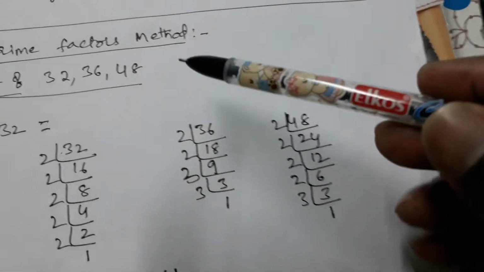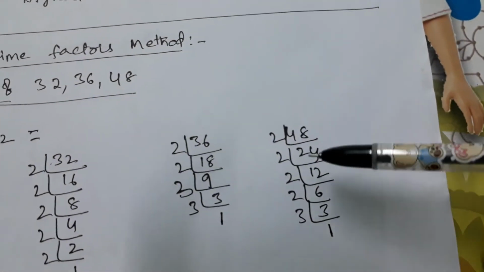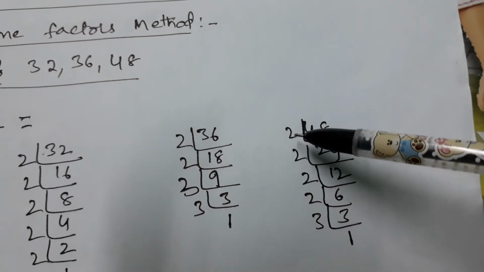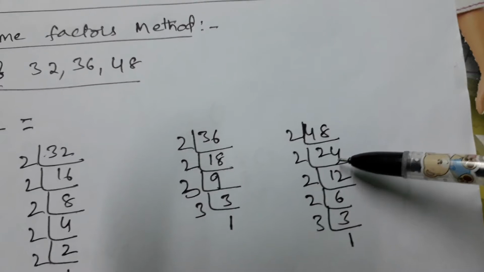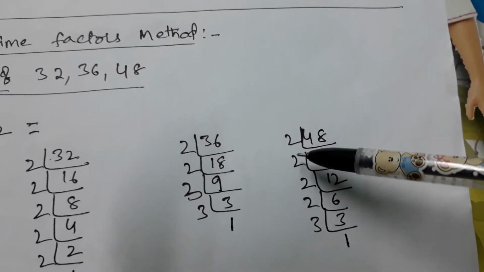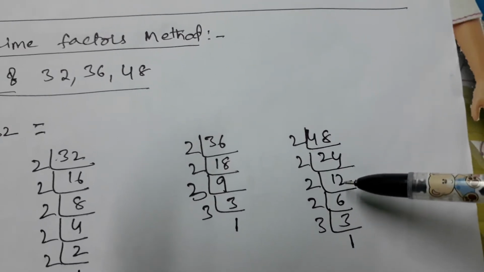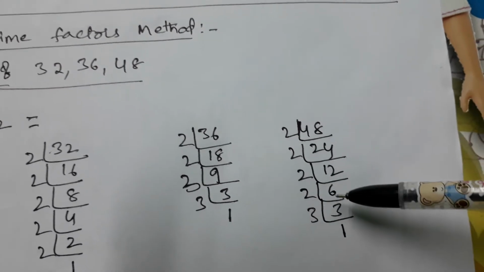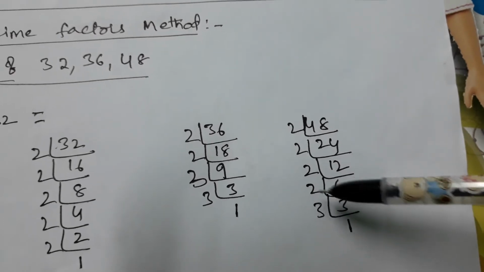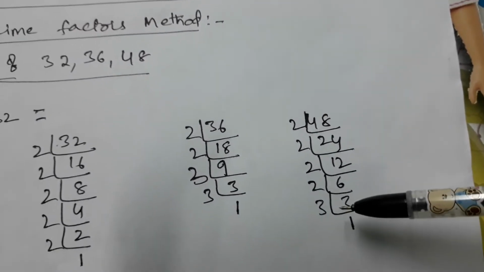Now take the next number, 48. Again take prime numbers and divide continuously. 2 24s are 48. Again 24 you can divide by 2: 2 12s are 24. Again 2 6s are 12. Now divide 6 by 2: 2 3s are 6.